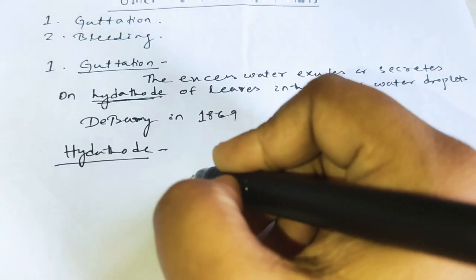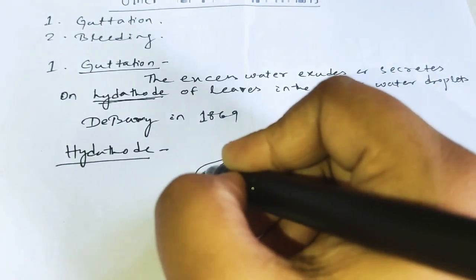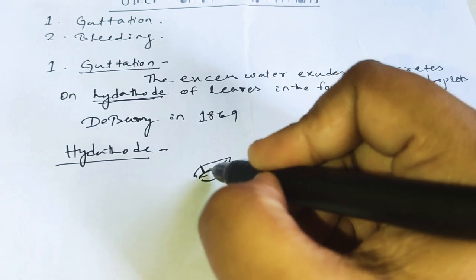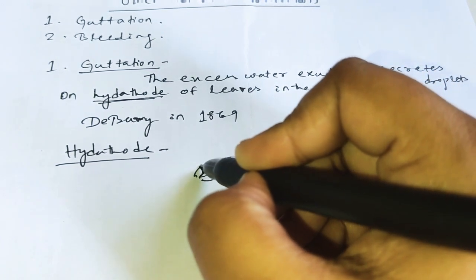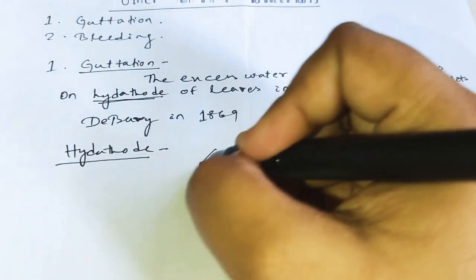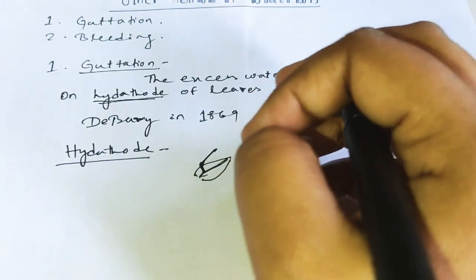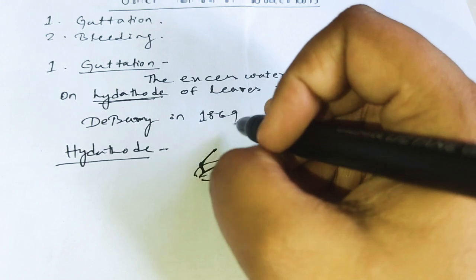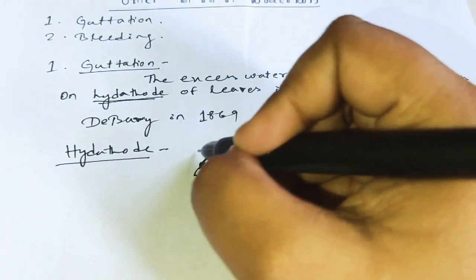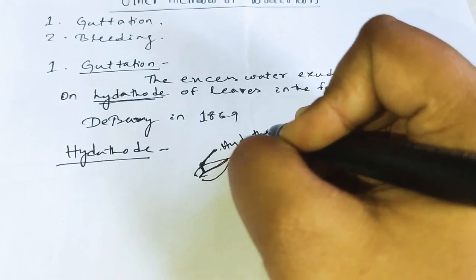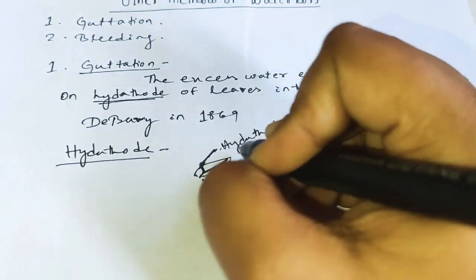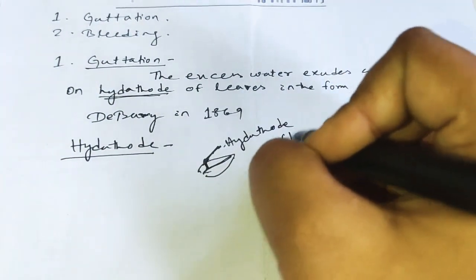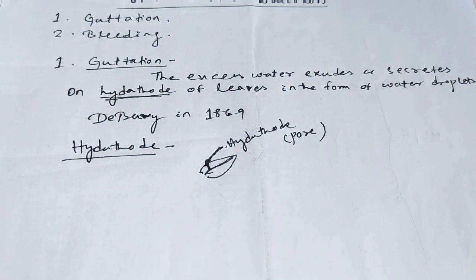Suppose this is a leaf, with a midrib and veins. At the end of the vein, there is one special structure which helps to exude or secrete the excess water in the form of water droplets. That part is the hydatoid, and the process is guttation. The hydatoid is a pore-like structure.